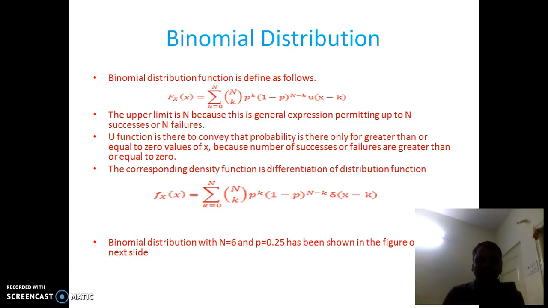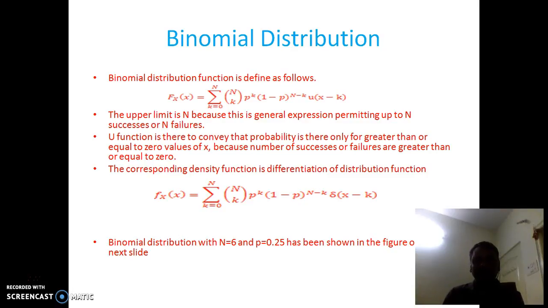The corresponding density function is differentiation of distribution function. Small fx of x is equal to sigma k equals 0 to capital N, NCK, p to the power k, (1 minus p) to the power capital N minus k, delta of x minus k.